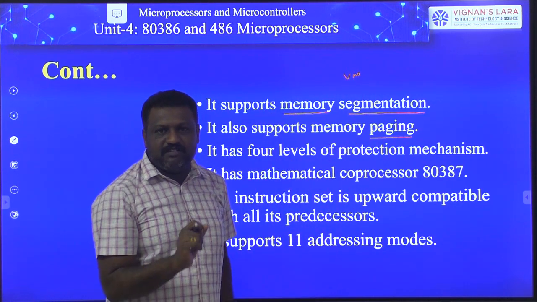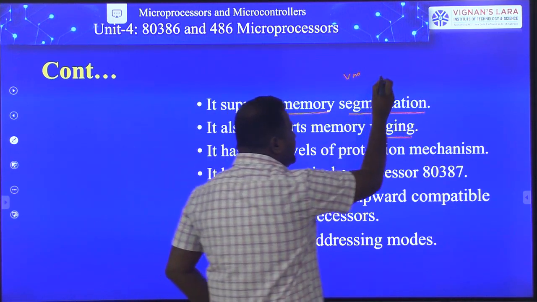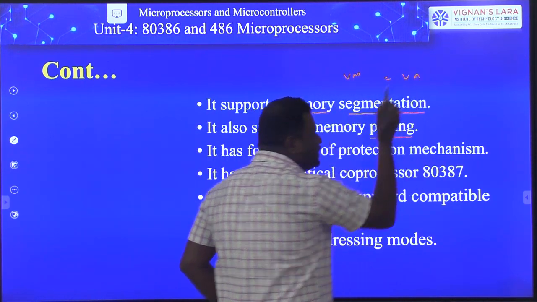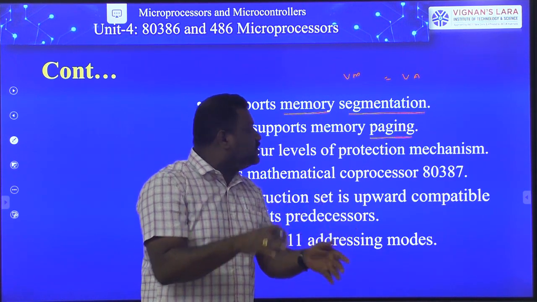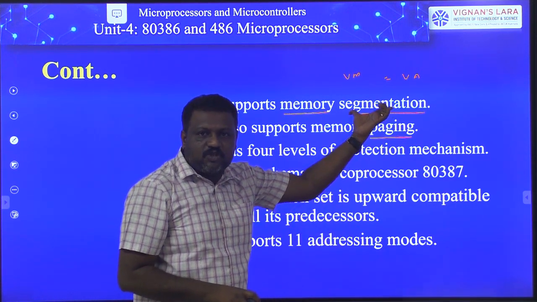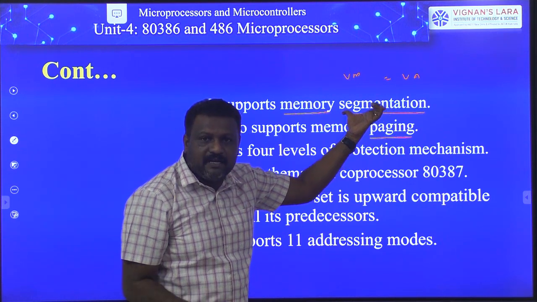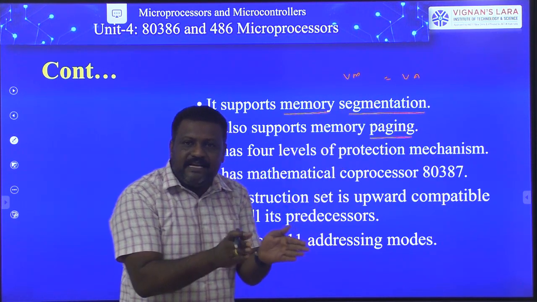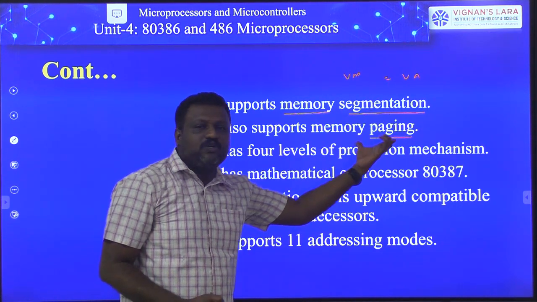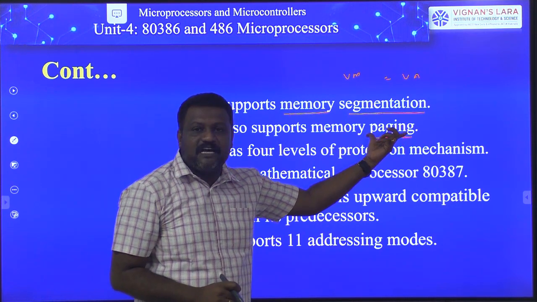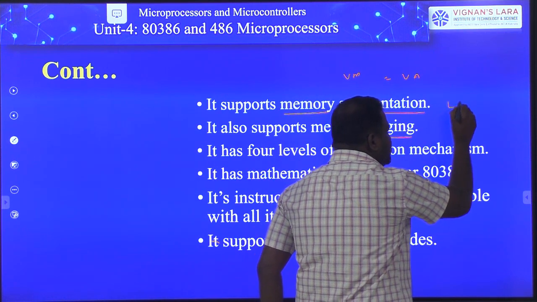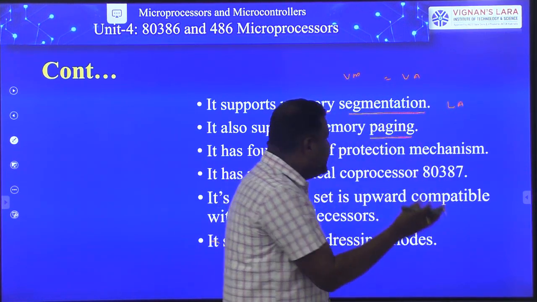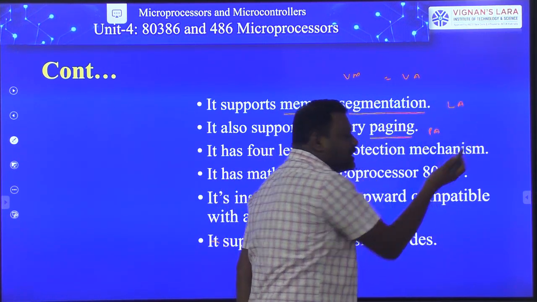Once we have a virtual memory, we generate an address called a virtual address. The virtual address is converted to a linear address, which happens in segmentation, and later that linear address is converted to a physical address, which is done by paging. That means your virtual address is first converted to a linear address and later it is converted to a physical address.